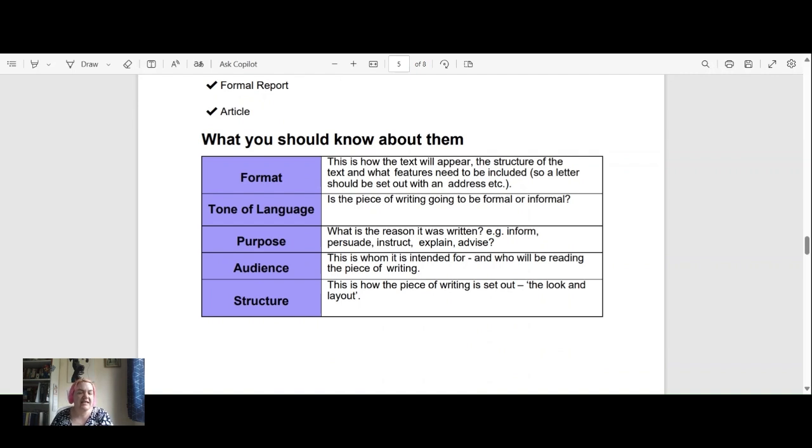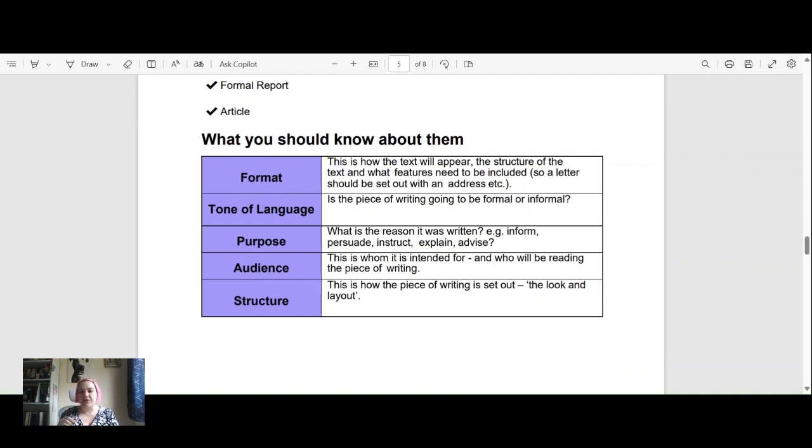Our purpose is incredibly important, and we do need to think about this before we start writing anything. The purpose of a text is, why are we writing something? Is it because we are doing something to complain, to give advice, to give instructions, to persuade, or just simply to give information? But we need to consider these before we start writing anything. The next one on there is our audience. Again, it's who are we writing for?